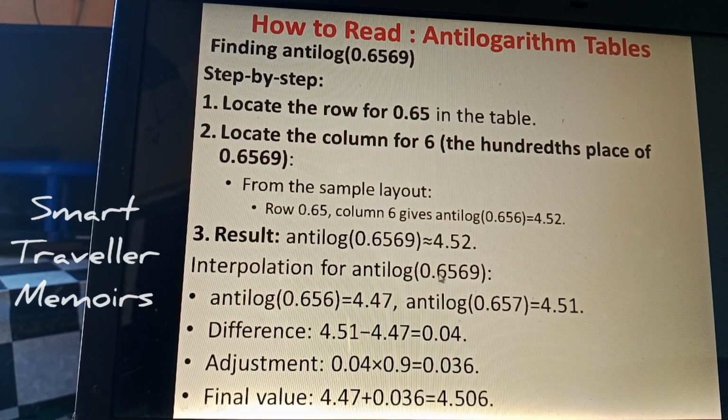Interpolation of antilog of 0.6569: antilog 4.47, antilog 0.657, difference is 0.04, adjustment 0.04 times 0.9 gives you 0.036. All right, and you find that the final value is 4.506.